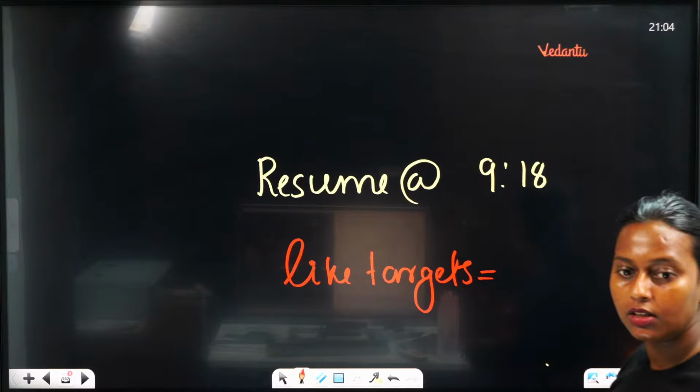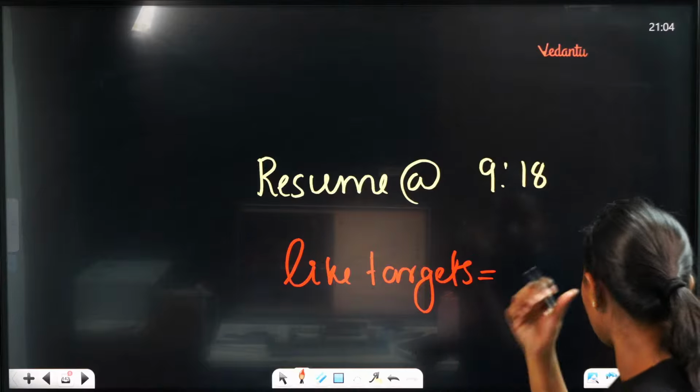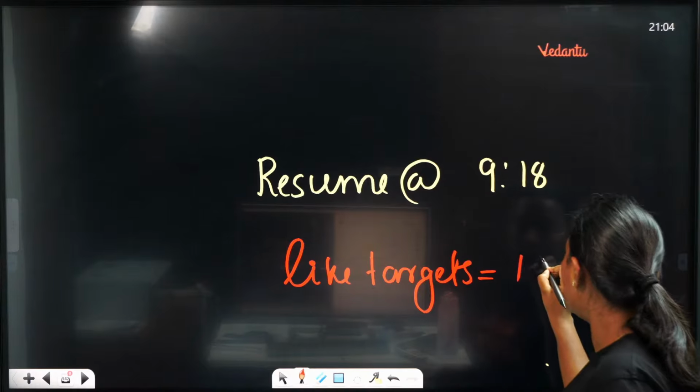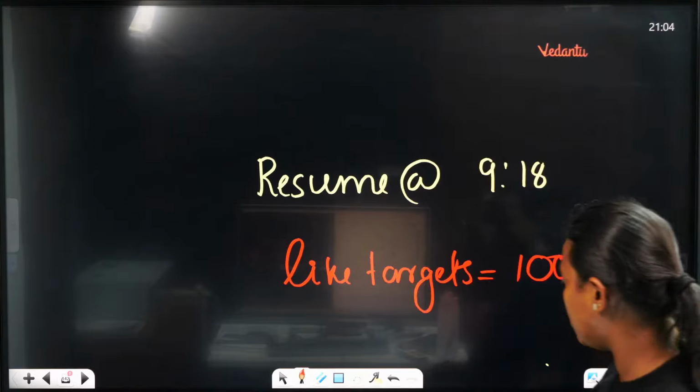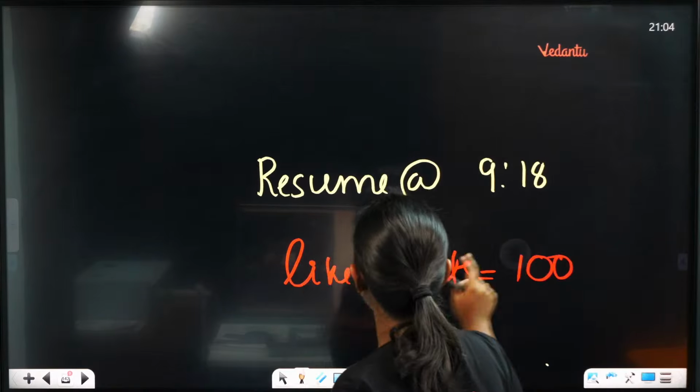Okay, that's a big chapter, so we will try to cover the maximum. We can plan.